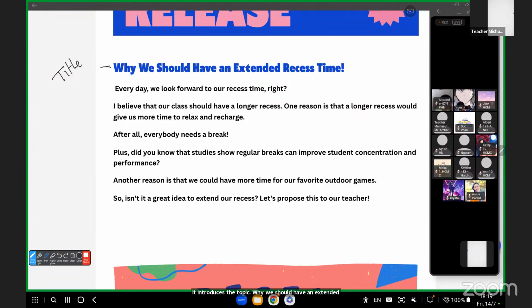And next, this right here, this is a little trick or technique we can use. It's called a rhetorical question. So a rhetorical question, if we remember from that video on Monday, is a question that you ask that you don't need an answer to.